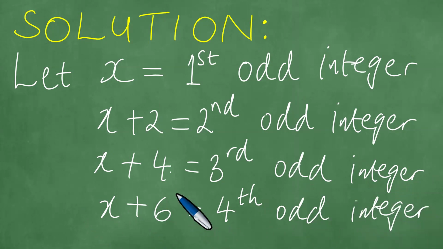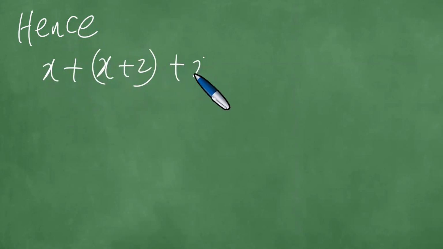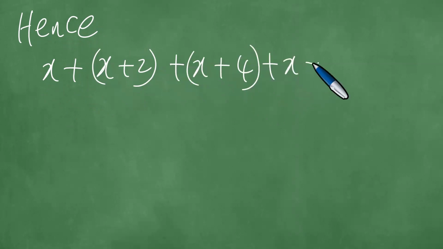Now we can add these four integers up, and hence the sum is x plus x plus 2 plus x plus 4 plus x plus 6, equal to 72.